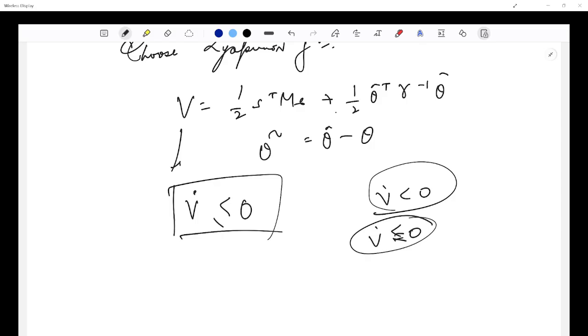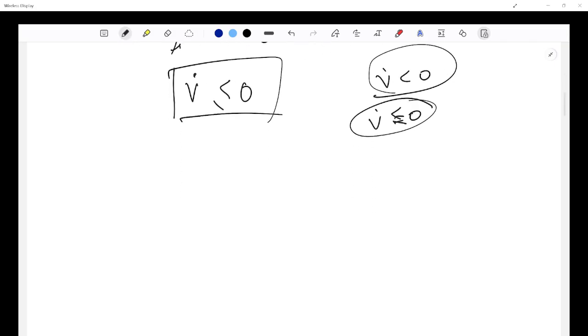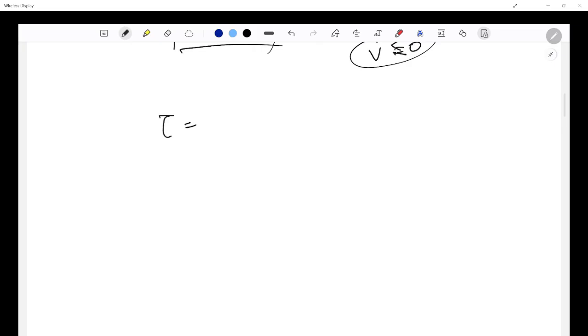But what about friction, noise, or external disturbance? So we also want to do robust control. In that case, your torque is equal to the computed torque plus some robust term.